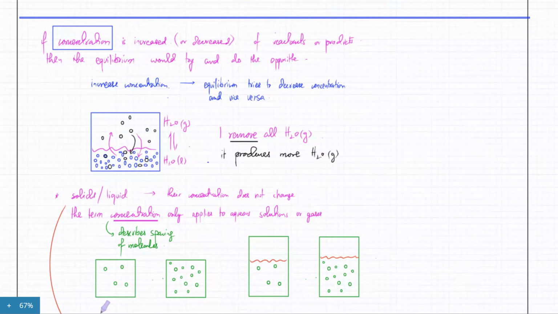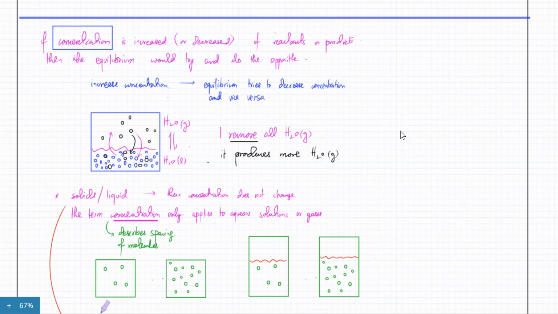But remember, this is a very minor fine point, which a lot of people get a lot of questions wrong because of. Remember this particular statement is only for concentration. When you change concentration, a lot of people by mistake think that if you increase or decrease concentration, the equilibrium does the opposite.